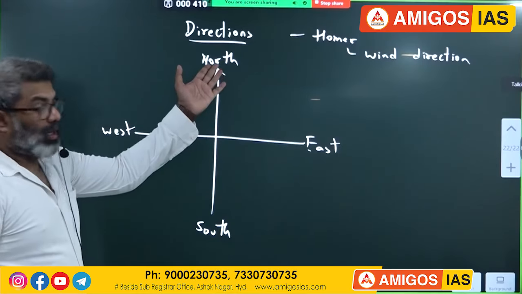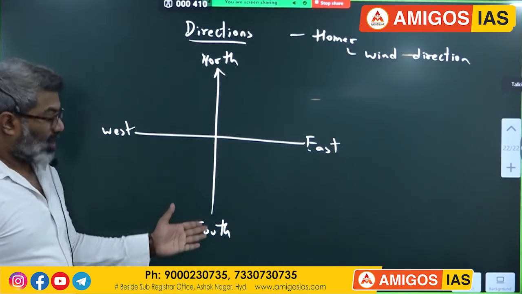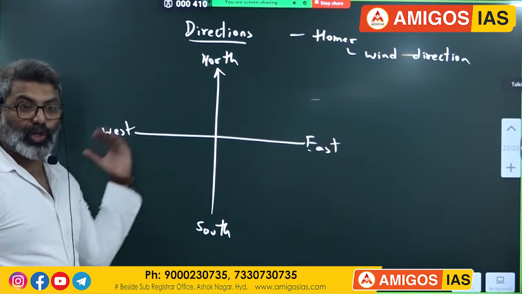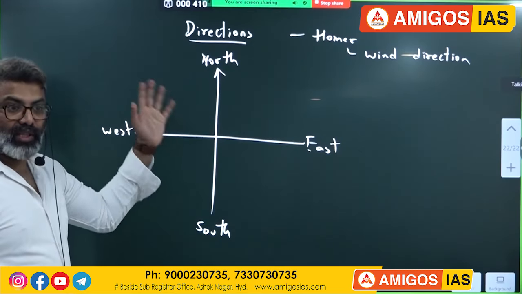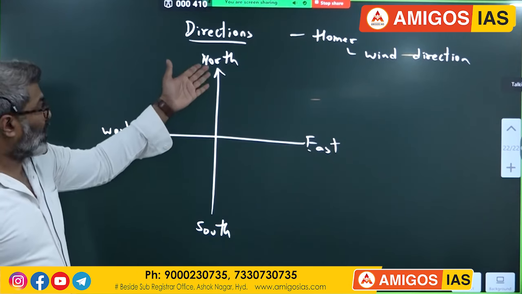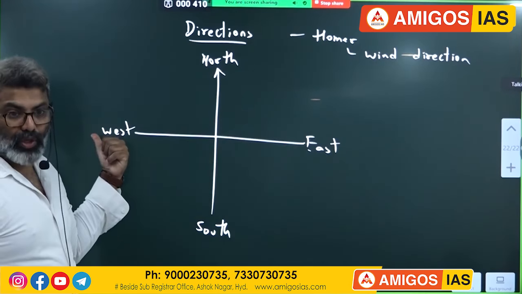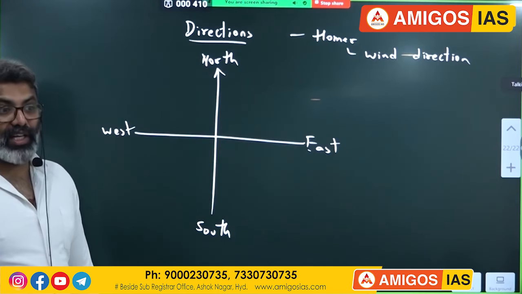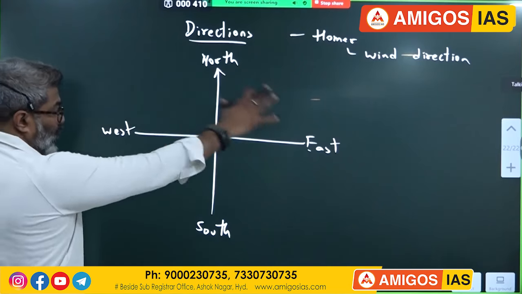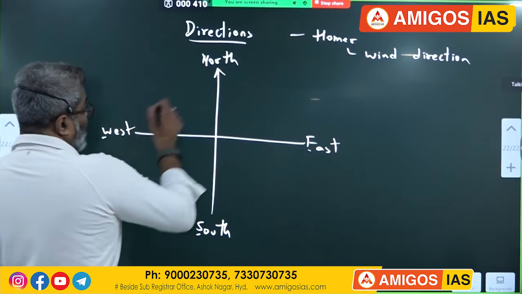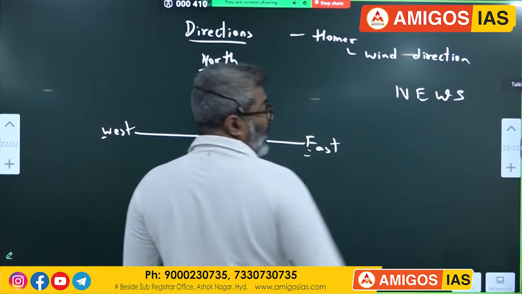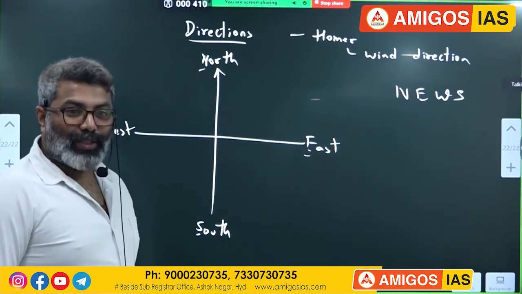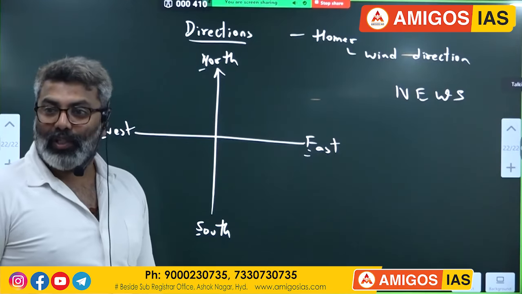In India we use Uttara, Dakshina, Purva, Paschima. In Hindi, Sanskrit, local languages, we use the same words. These are the four cardinal directions of Earth. This you should remember. See the first letters, you'll get NEWS: north, east, west, south. What does news stand for?